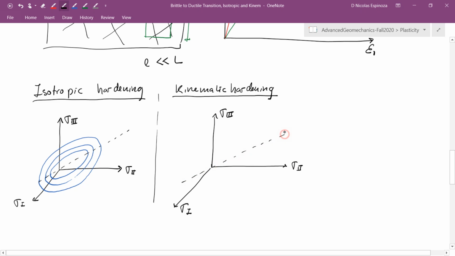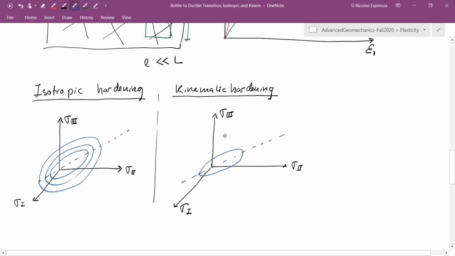For example, I could have a yield surface similar to the one I had before around the hydrostatic axis, but if I were to fail the material in a particular direction, I may, you could say, anneal some of these yield planes, so that when they fail again, actually they get stronger, or they just get stronger in one direction.